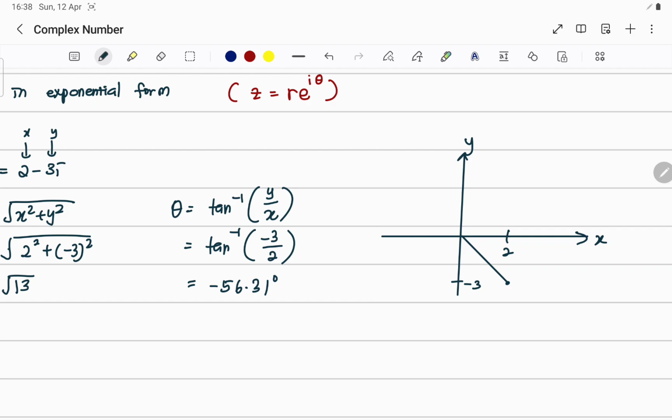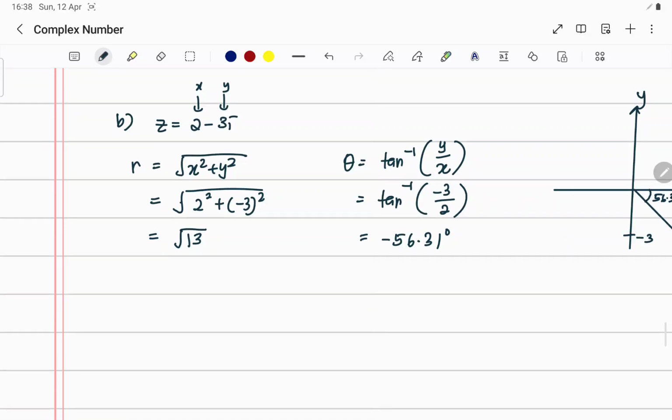The angle that you get, which is 56.31, is here. Since this is below the horizontal axis, that's why you get negative. So we put theta equal to negative 56.31.